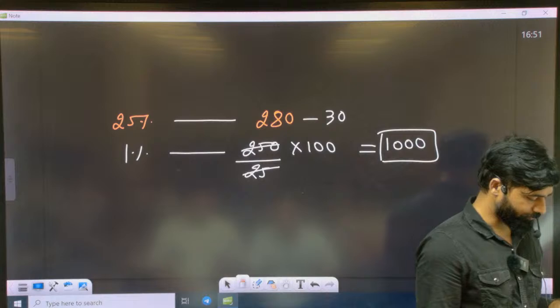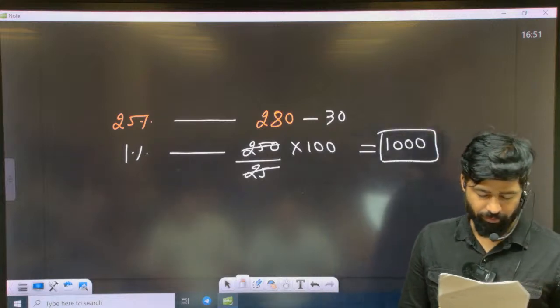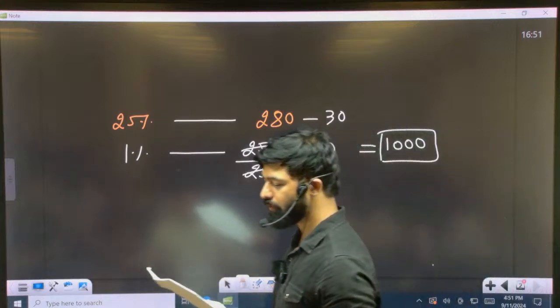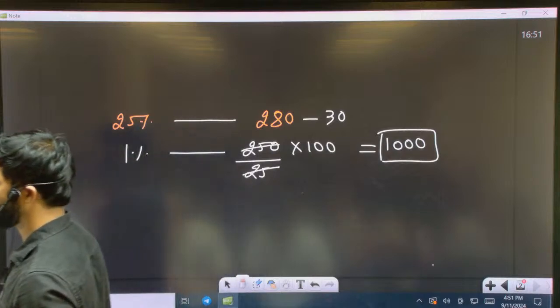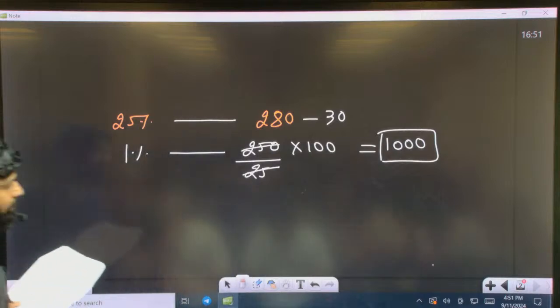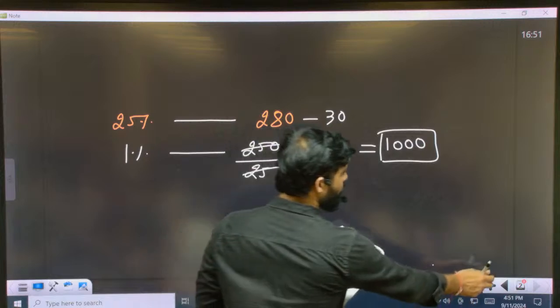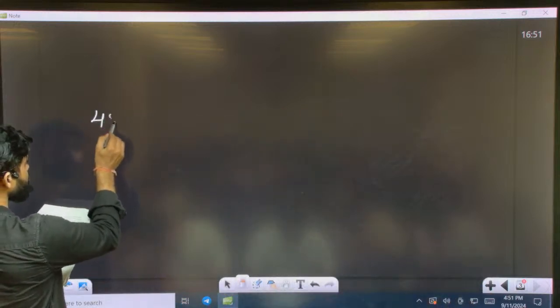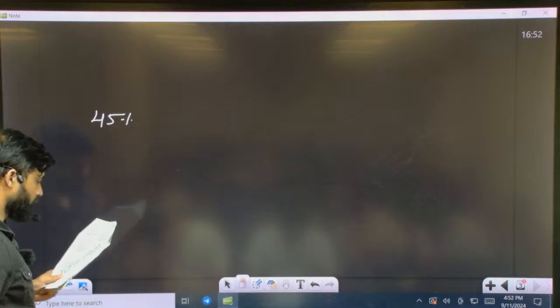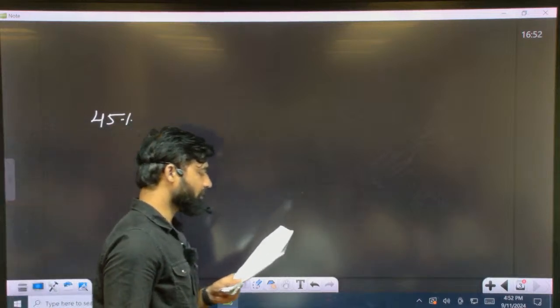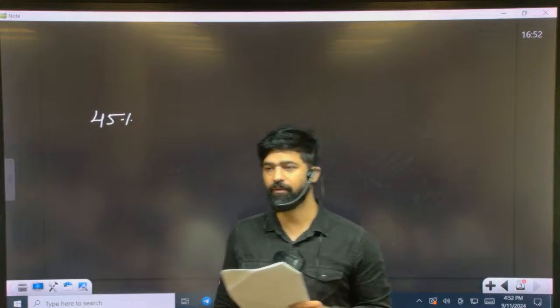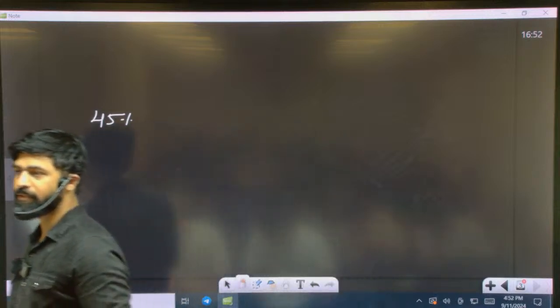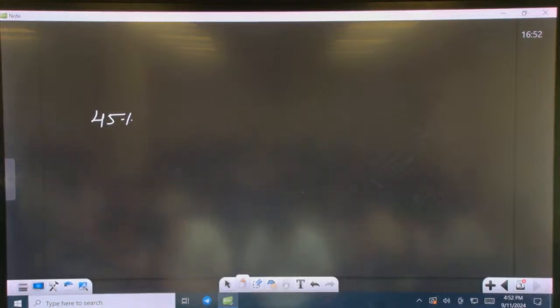A person scores 45% of the total marks and still fails by 40 marks.